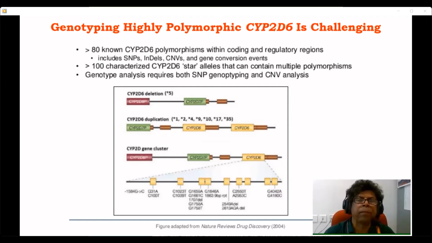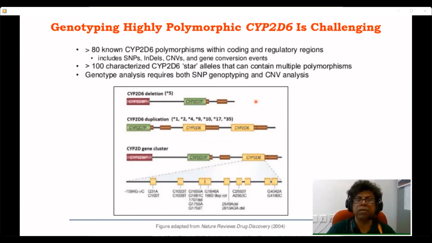There are more than 100 characterized CYP2D6 star alleles. Star allele means it is a variant, so each star denotes a new variant, for example star 1, star 2, star 4, star 9, etc. Such alleles or variants number more than 100, and sometimes they have multiple polymorphisms also.